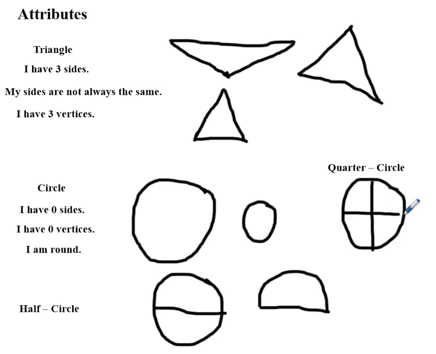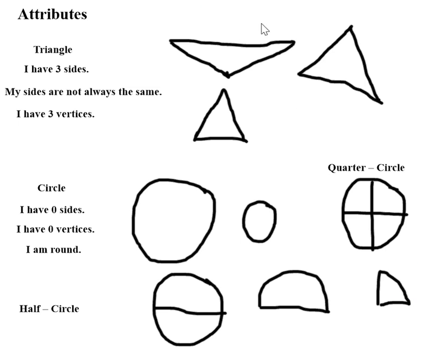So a quarter of something is this part right here. So I'm going to draw just a quarter of a circle. And this right here is a quarter of a circle.